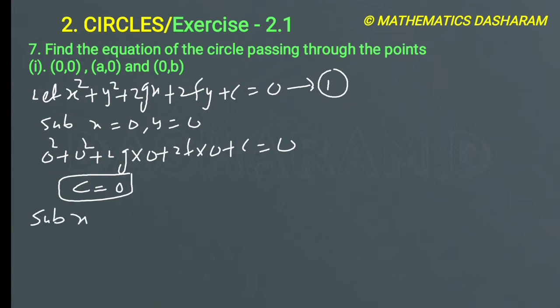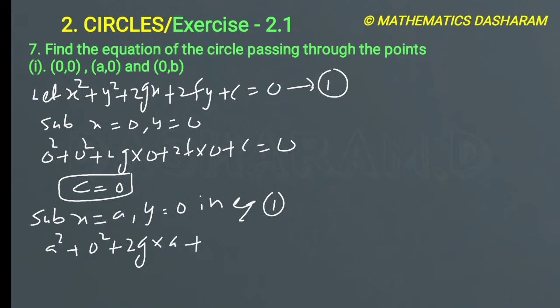Next, the second point is (a, 0). Substitute x = a, y = 0 in equation 1. Then a² + 0² + 2g·a + 2f·0, and the c value we already found is 0, so it equals 0.